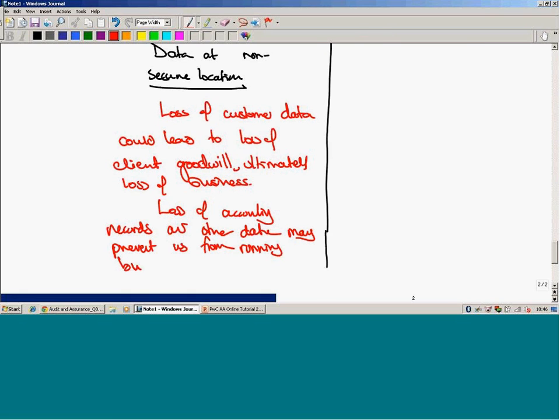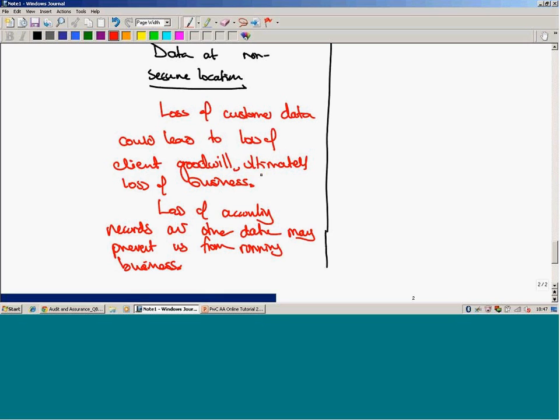Think about accounting records. Not necessarily saying that it's going to be a fraud, someone's going to steal the info, but if it's in a non-secure location, maybe someone just goes on their computer to have a quick look at something, and they download a virus or some sort of problem on the computer and destroy the information.